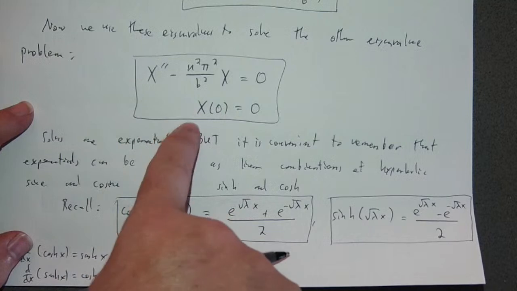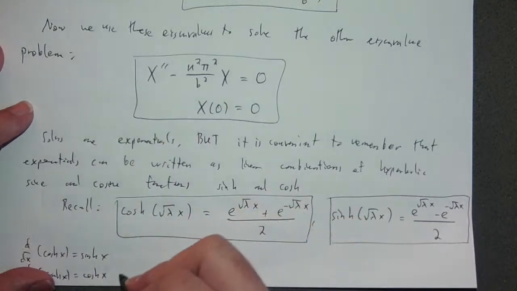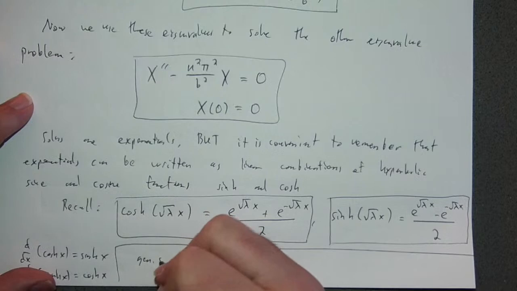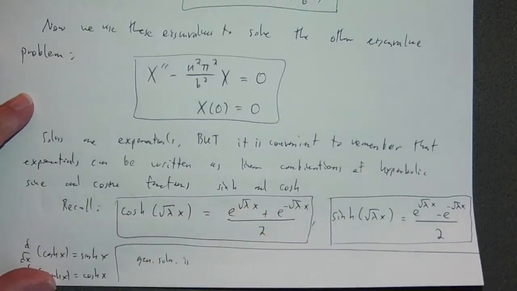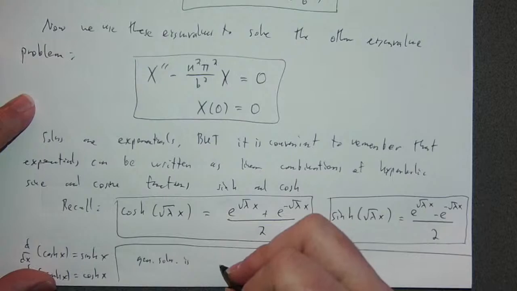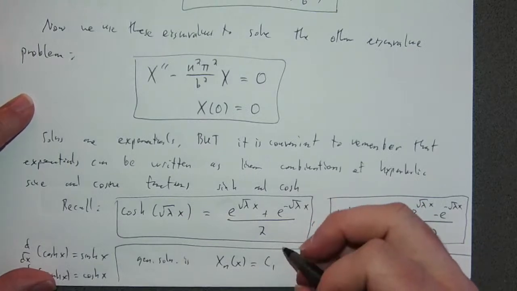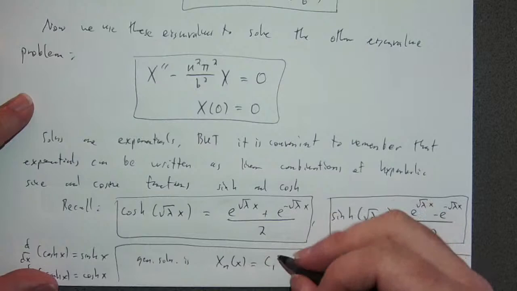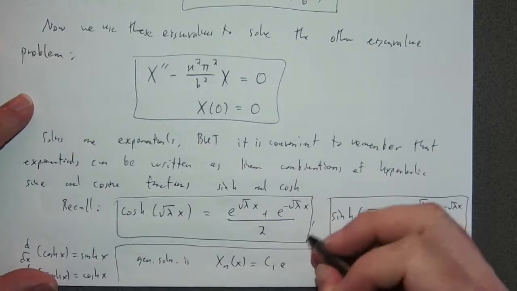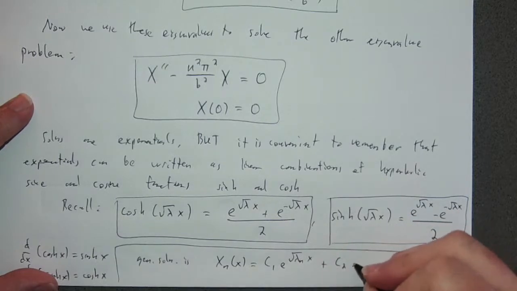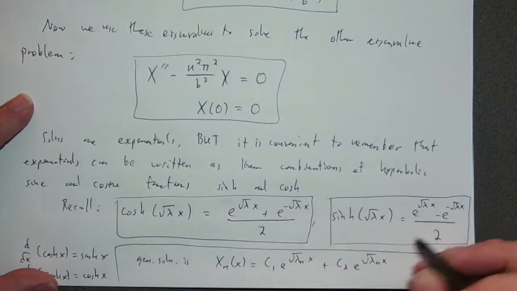Now, for this eigenvalue problem, the whole reason for doing this is because I can write the general solution. X sub n of x is c1 e to the square root of lambda n x plus c2 e to the minus square root of lambda n x.